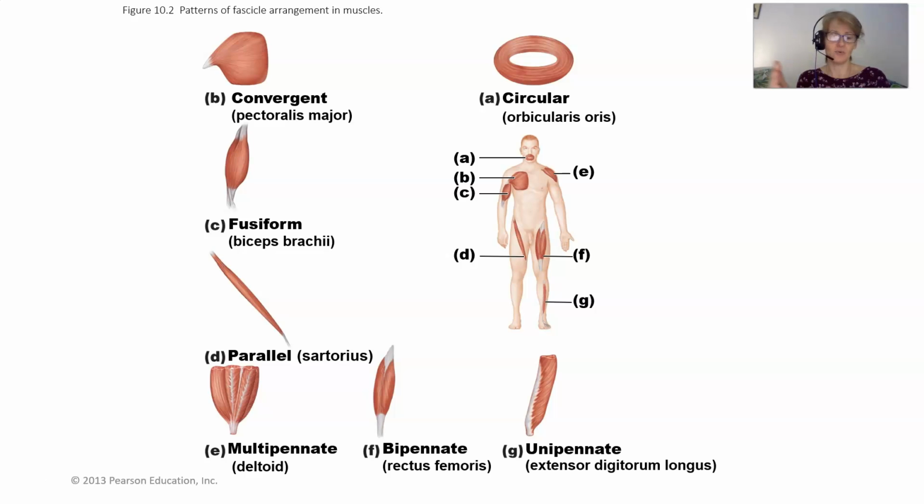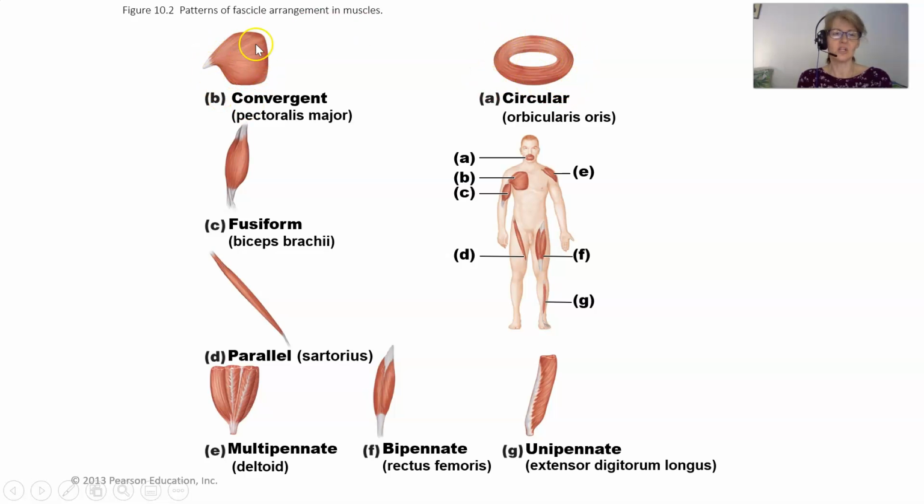Sphincter is an important word because basically it is those circular rings of muscle that close off all those tubes, so that when you don't want to poop or pee, you close off the tube and don't poop or pee in an inappropriate place, because circular muscles or sphincters are holding those tubes closed. So it's a very important fascicle arrangement, the circular one.